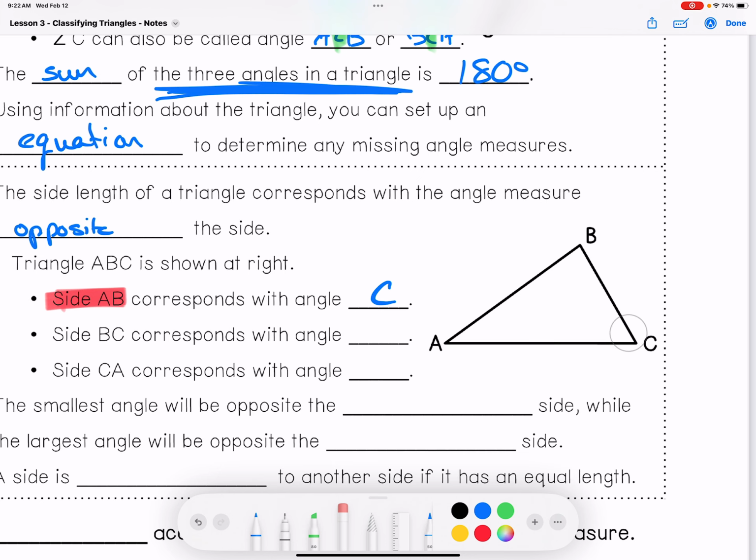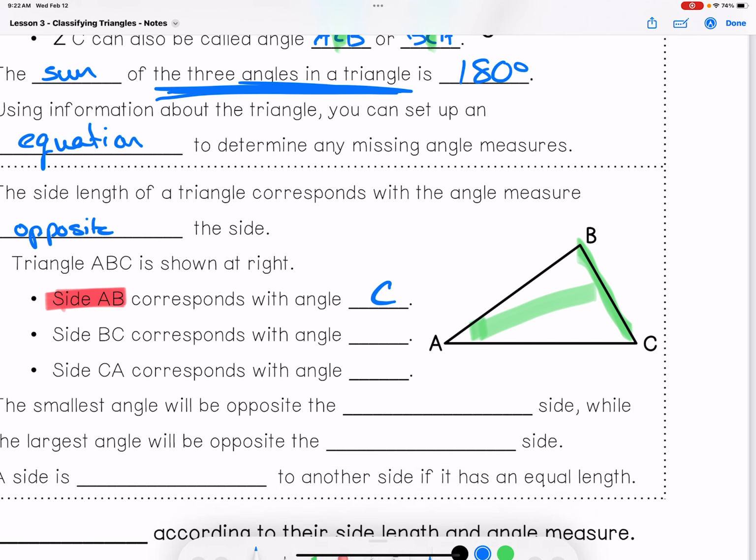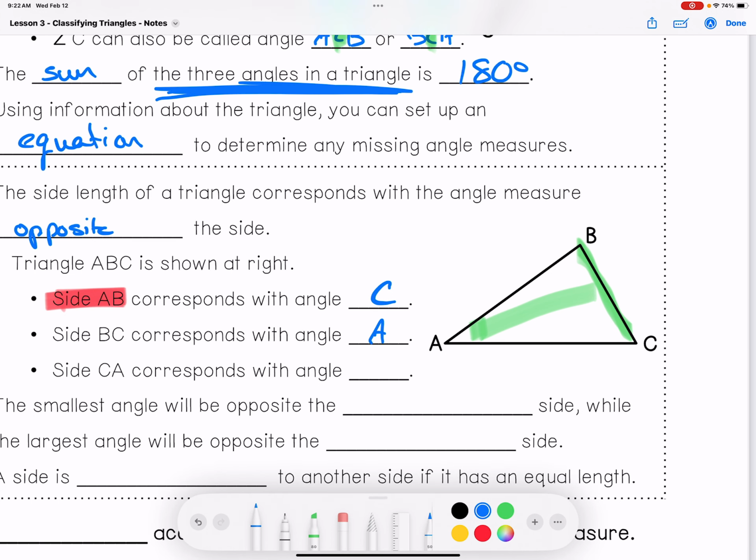This angle corresponds with that line segment, okay? They have a direct relationship. All right? BC corresponds with what? A. And the last one, CA, corresponds with what?